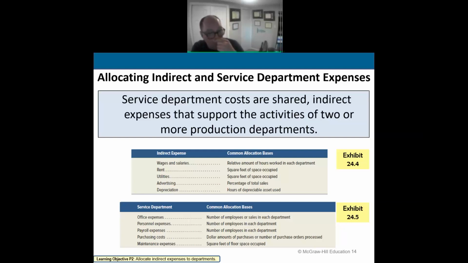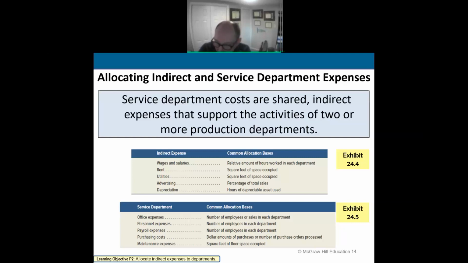For example, the payroll office within the accounting office, I can allocate a portion of that expense, the payroll expense, meaning the processing fees for the paychecks, to that department. And it's based on the number of employees in that department.